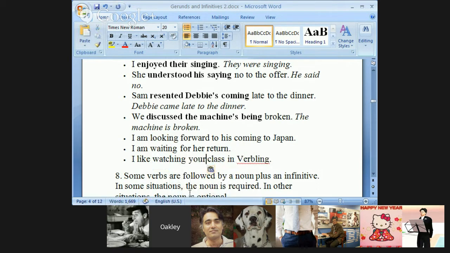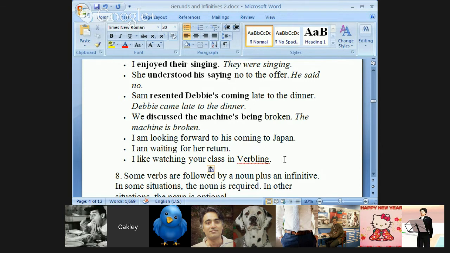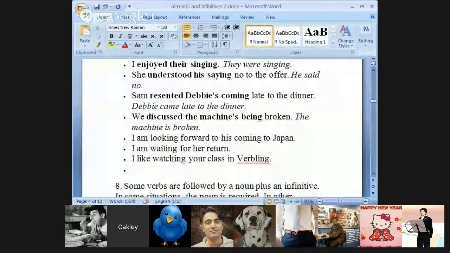Very good normal use. I like watching your class in Verbling. It's a lot easier to say it that way. But like is a prime candidate even for what we were looking at. I like your, you name it, skating. Okay? Meaning I like the way you skate. These two sentences mean the same thing.